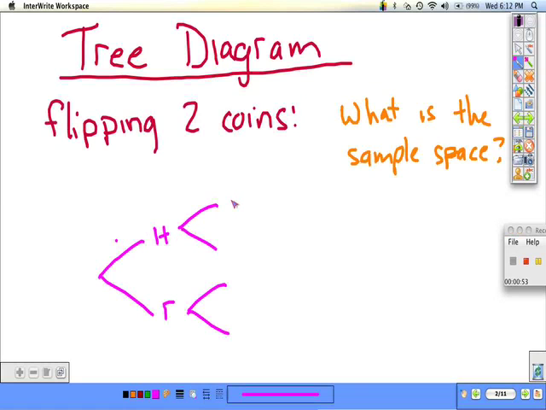We could either have tails after getting heads, or we can get heads after getting heads, and tails and heads on the second option. So our sample space is heads and heads, heads and tails, tails and tails, tails and heads. There are 4 items in the sample space.